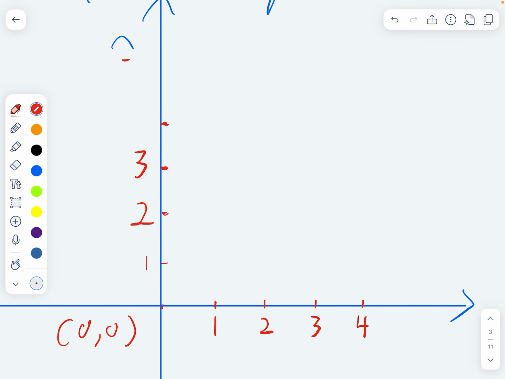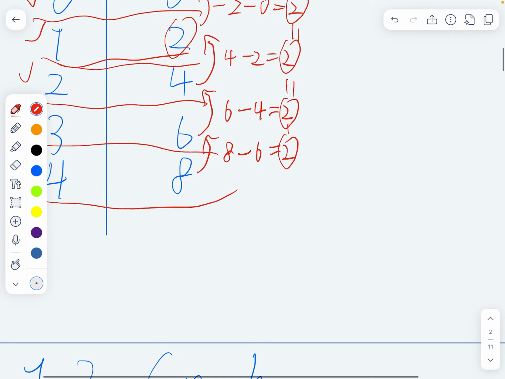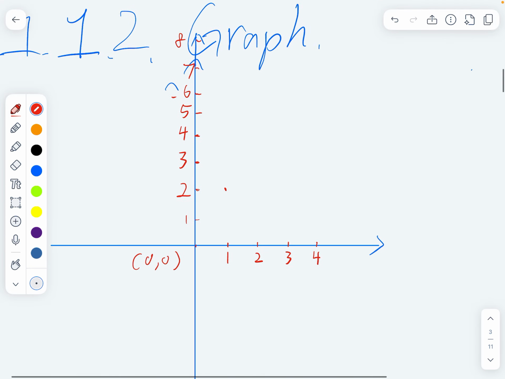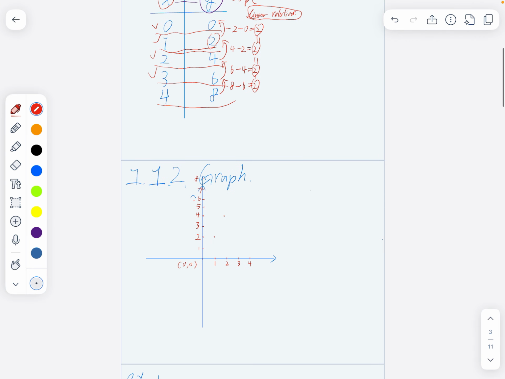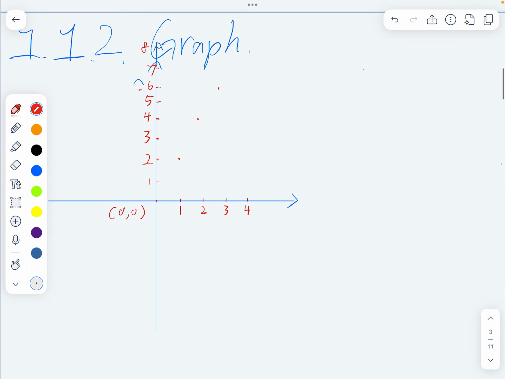Then the points are 1, 2, 2, 4, 3, 6, 4, 8.